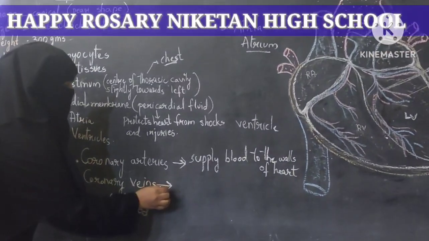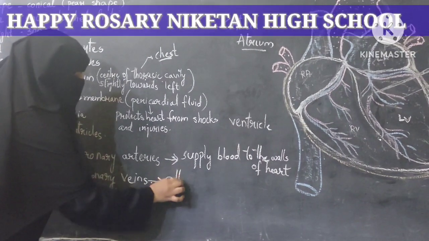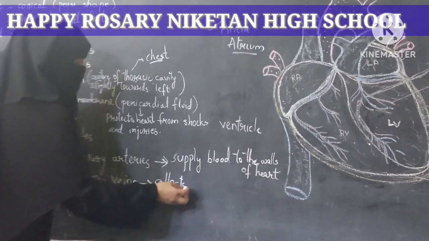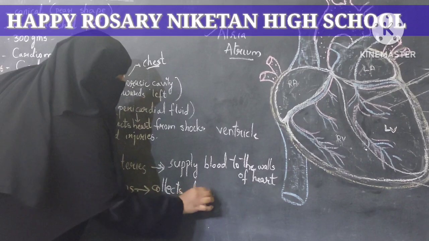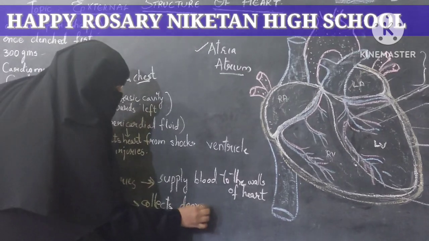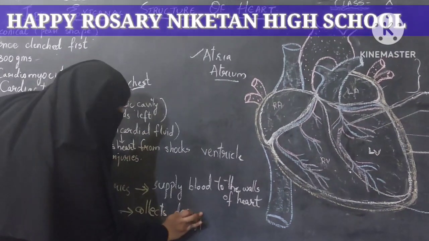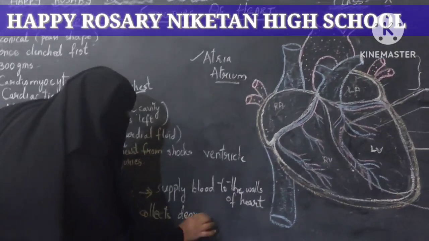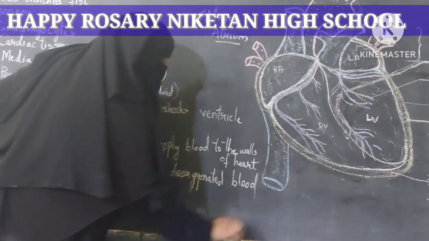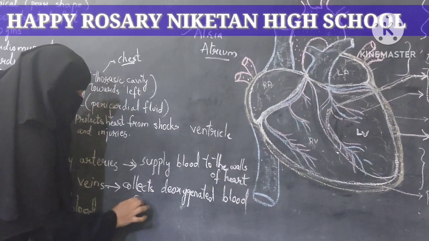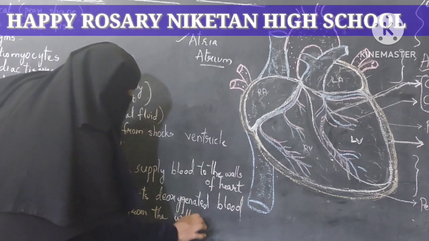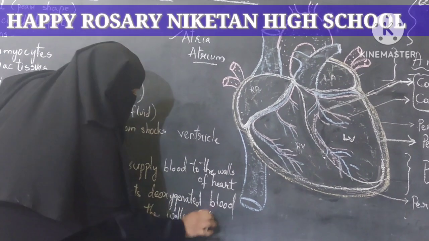whereas coronary veins collect. What is the function of coronary veins? Collects deoxygenated blood. Remember, it is deoxygenated, and this one is oxygenated blood. So it collects the deoxygenated blood from the walls of heart.